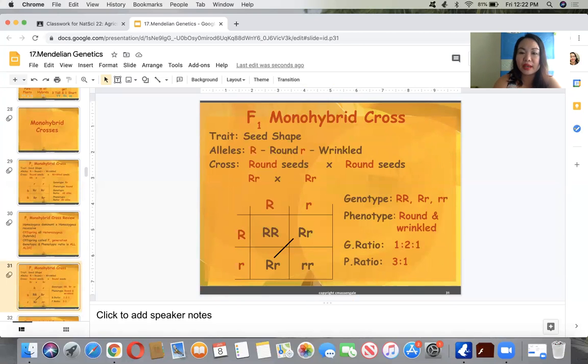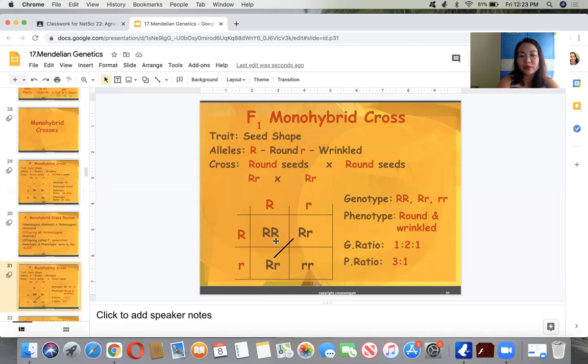Next, for the second filial monohybrid cross, if you cross the first filial monohybrid cross, meaning they have the same trait and alleles, we again have a combination of round and wrinkled.